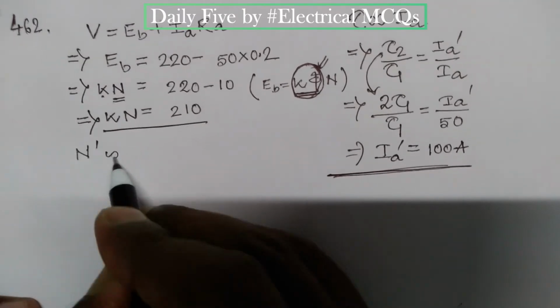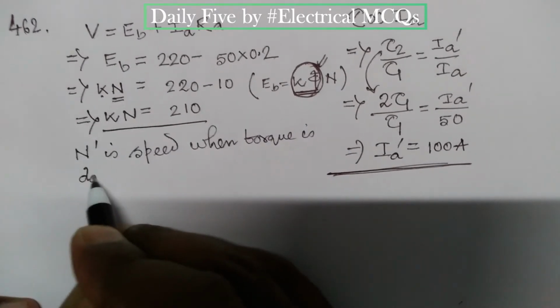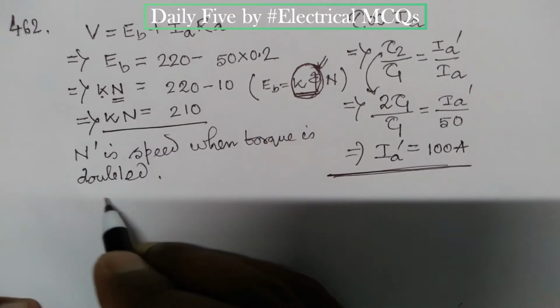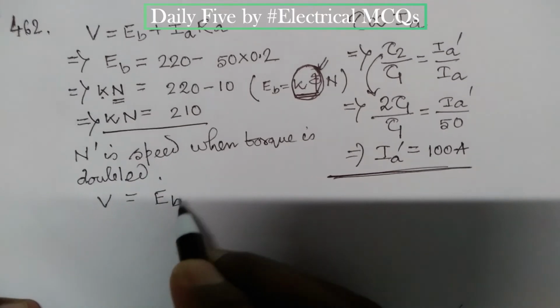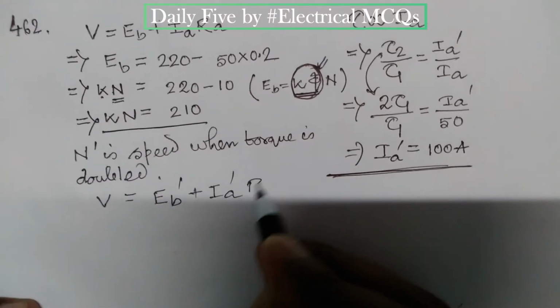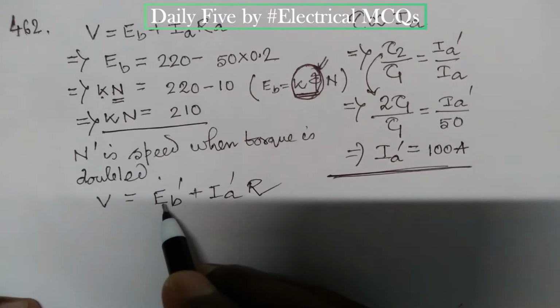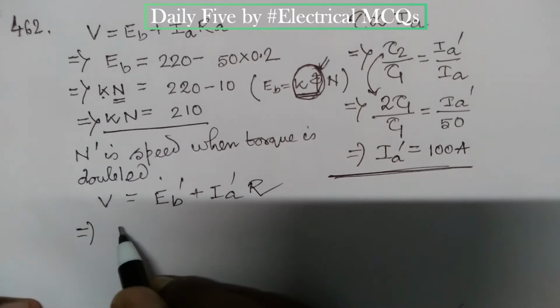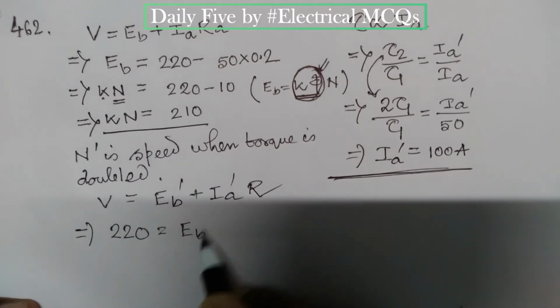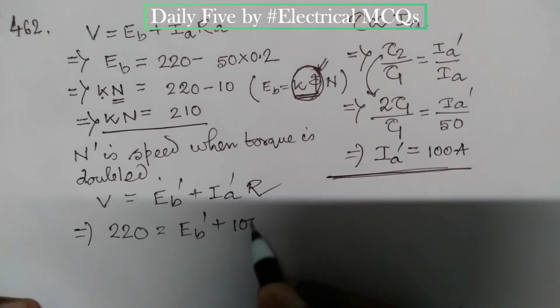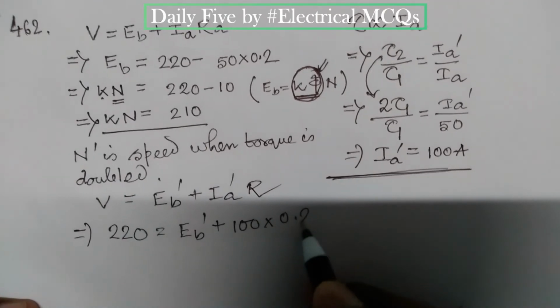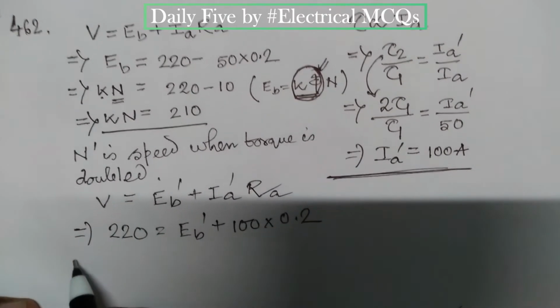If N dash is the speed when torque is doubled, then from V equal to Eb dash plus Ia dash Ra, where Eb dash is the back EMF corresponding to the situation when torque is doubled. Okay, so input voltage again is 220, Eb dash plus Ia dash is 100, and this is 0.2 Ra.